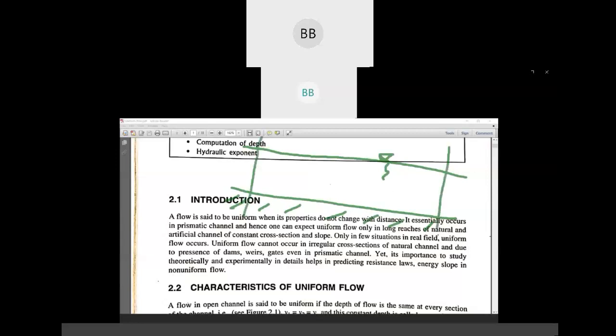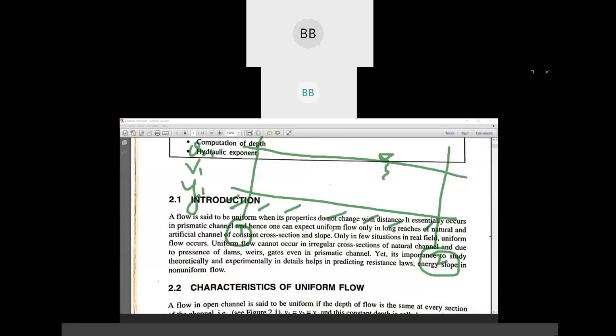One is upstream, one is downstream: first section, second section. In the first section, we measure discharge, velocity, and depth of flow at section 1.